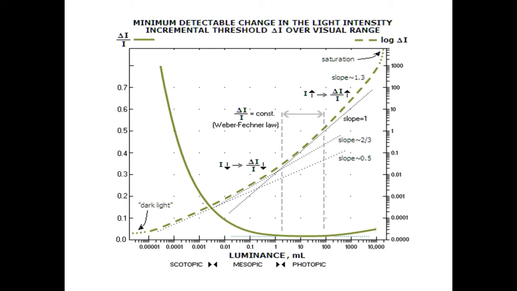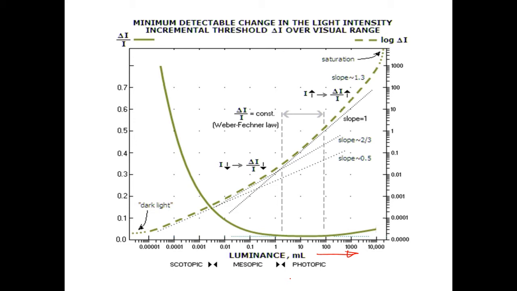The same graph is shown in the next graph for a much larger range. Again, you can see that in the x-axis, luminance is plotted. Luminance, if you remember, is light reflected from the surface. That's a measure of the light reflected off the surface, just before the light reaches the observer.